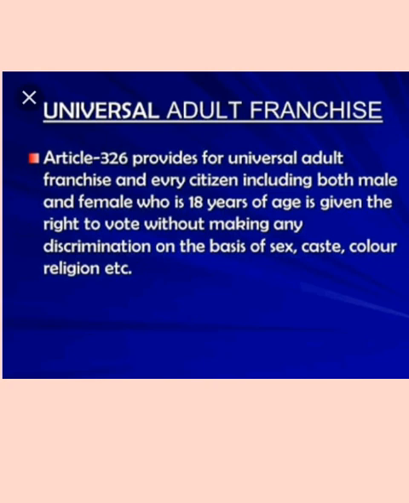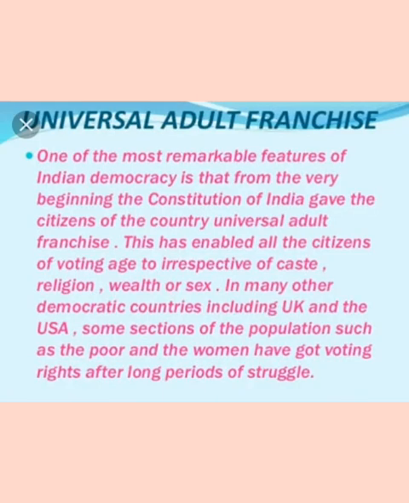The universal adult franchise is a remarkable feature added in the Constitution. It gives the Indian citizens the voting right irrespective of caste, religion, wealth or sex. In many other democratic countries, including UK, this advantage is not given.